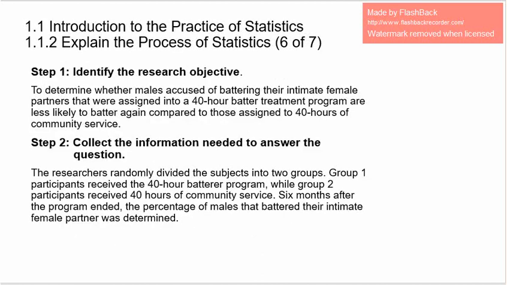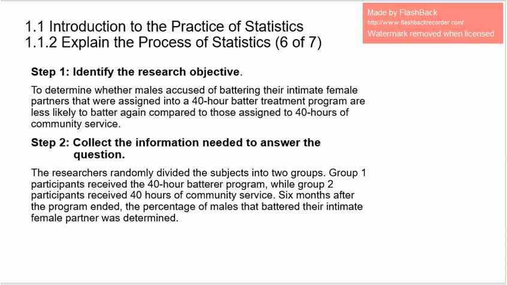So let's apply the process of statistics. The first step is to identify the research objective. The objective in this study was to determine whether males accused of battering their intimate female partners that were assigned into a 40-hour batterer treatment program are less likely to batter again compared to those assigned to 40 hours of community service.